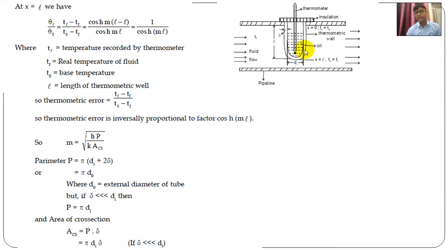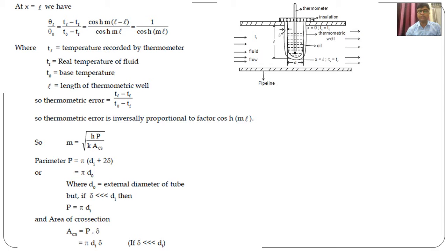And one more thing, here we are considering only conduction and convection heat transfer. The radiation heat transfer is negligible for this case. Clear? So the thermometric error, (T_L minus T_F) upon (T_naught minus T_F), is equal to 1 by cosh ML. So in designing a thermometric well, we try to keep the thermometric error as low as possible. For this the cosh ML value plays a very important role.